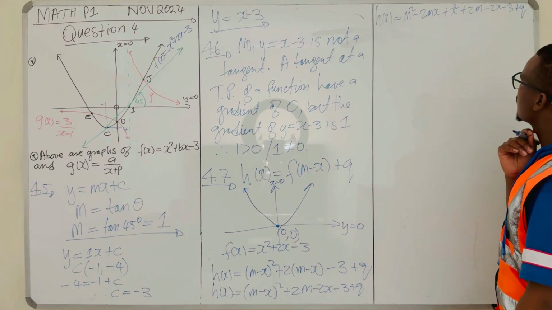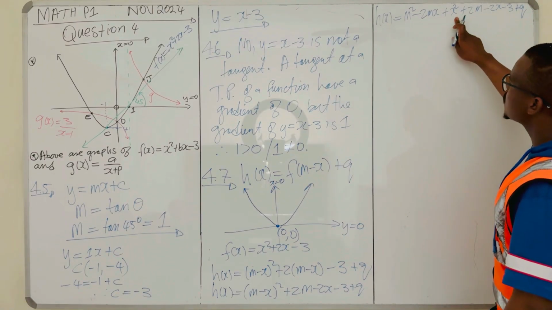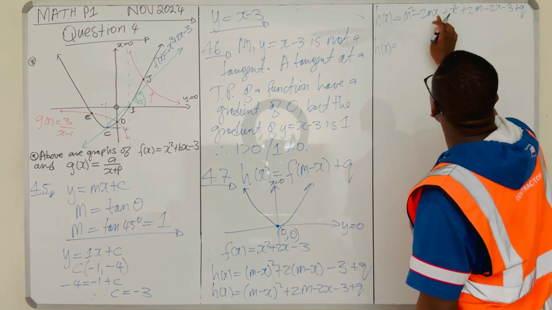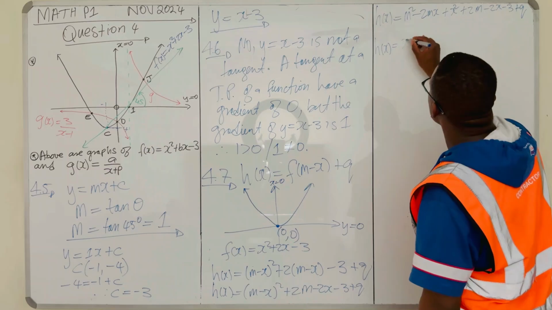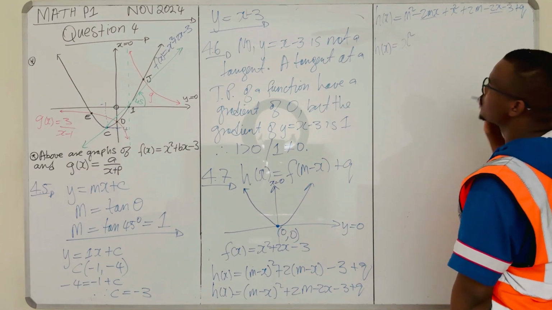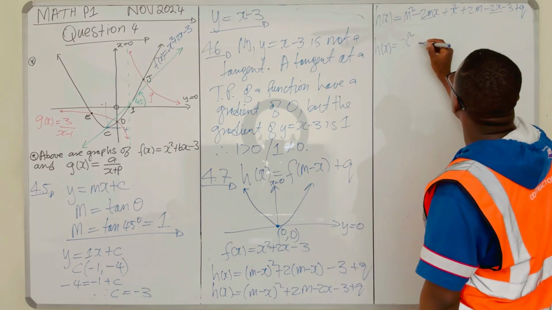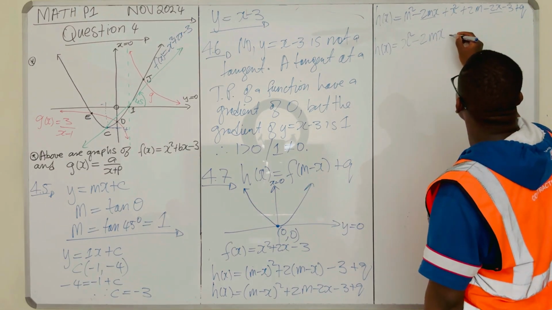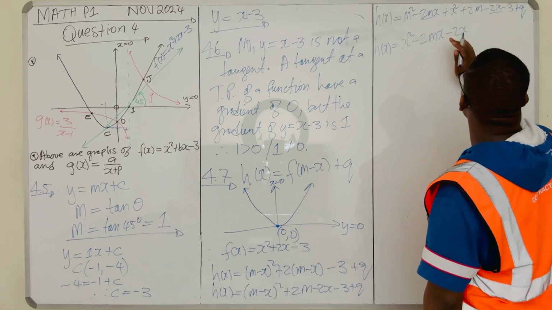Let's group the like terms together. Okay. The only square is this one. So your h of x is equal to what? x squared. The things that contain x are this one and this one. Do you agree? Yes. So it's going to be minus 2mx, right? Yes. Minus 2x. So we're done with both of them.